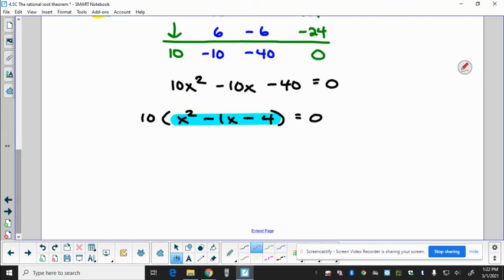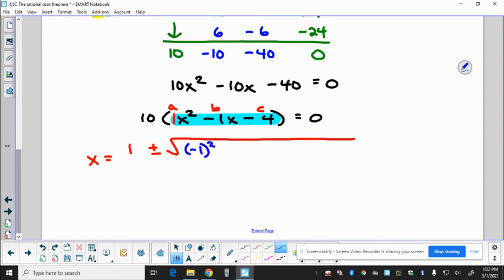So if I remember, A is 1, B is -1, C is -4. So I'm going to set up my quadratic formula. Negative B plus and minus square root of B squared minus 4 times A times C, all over 2A.